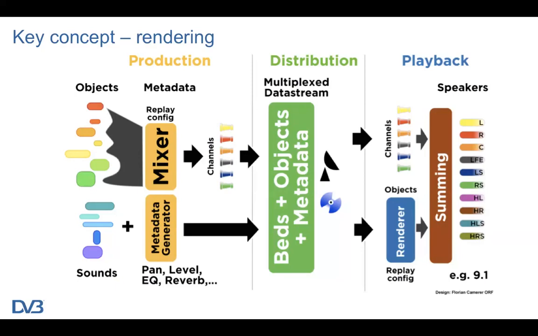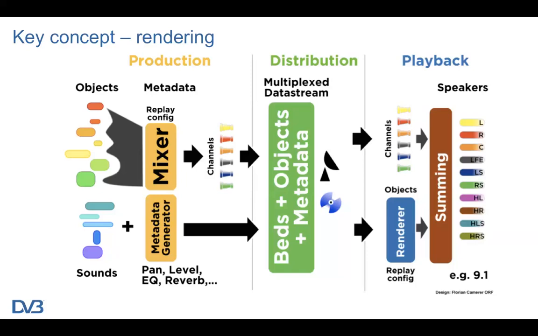So you can build up from either archive content that's got channel content, or you can use your standard workflow where you might create beds of audio using channels for international distribution and for your underlying infrastructure. And then you can put your special experiences in terms of audio objects rendered on top. The renderer in its totality will then sum those together to produce the presentation to the listener.